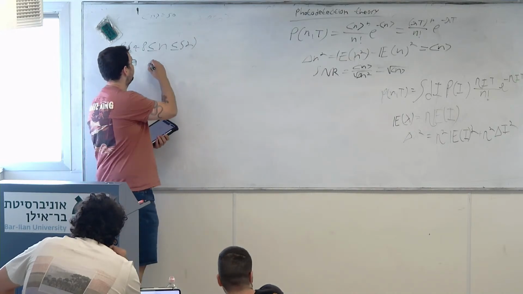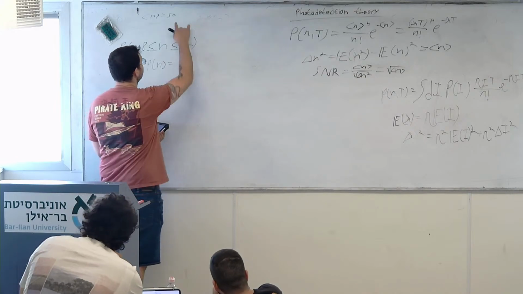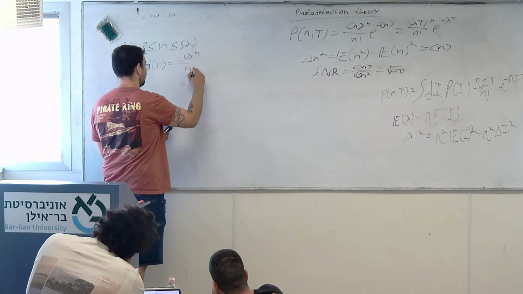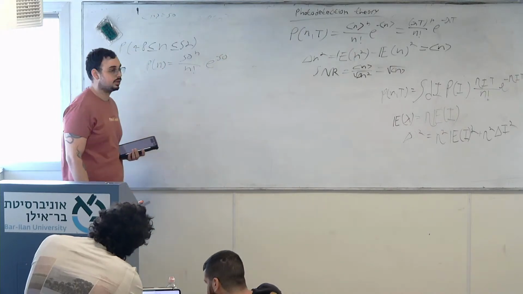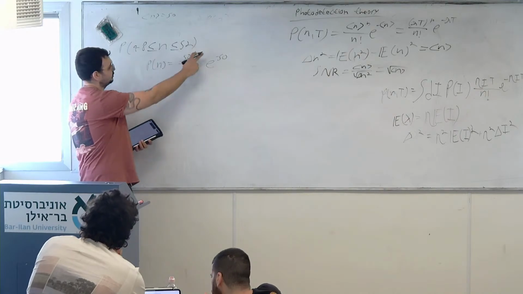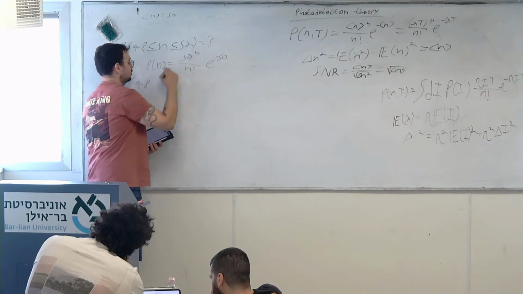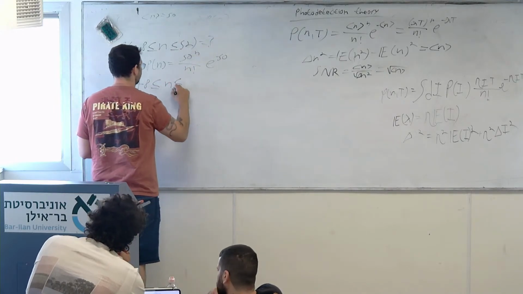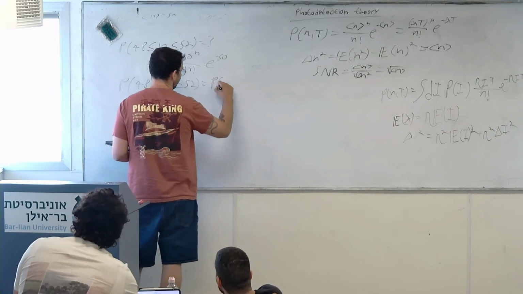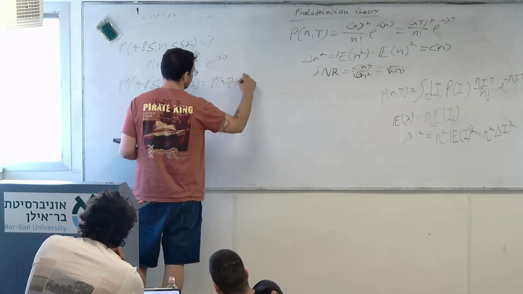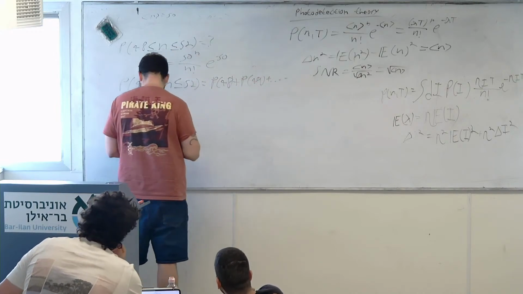Well, we know that P of n would be equal to 50 to the power of n, e to the minus 50, divided by n factorial. So if you want to find P between 48 and 52, we have P48 plus P49, and so on and so forth.